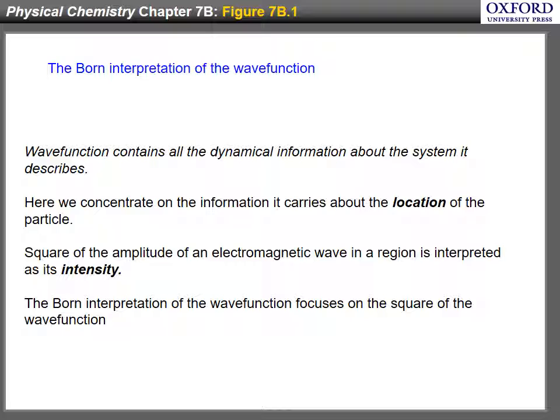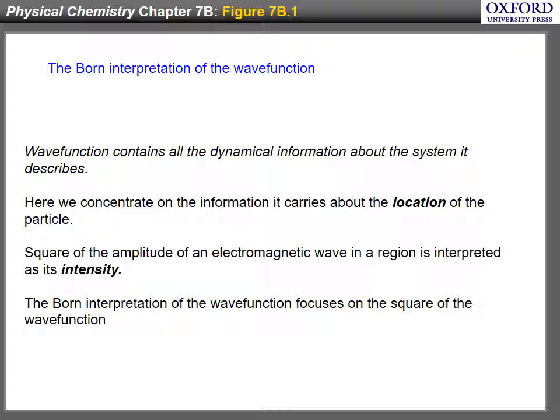So this interpretation of the wave function that pertains to the location of a particle was suggested by Max Born, who came up basically with an analog of the wave theory of light, which basically states that the square of the amplitude of an electromagnetic wave in a region is interpreted as its intensity.